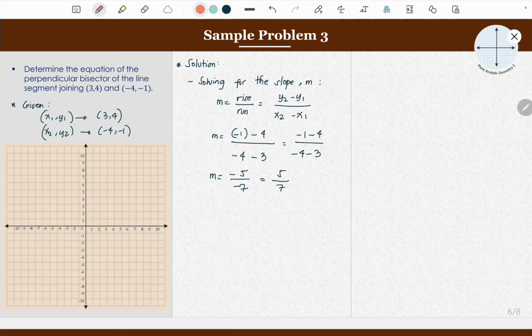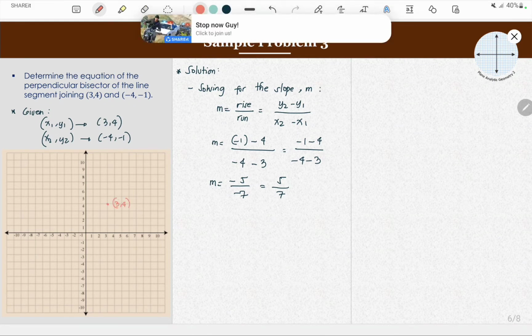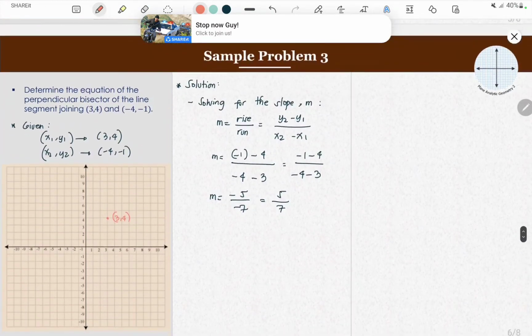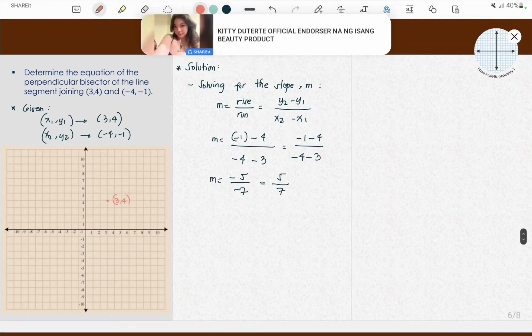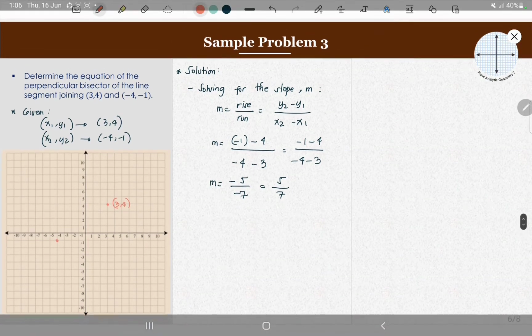So let's try to plot the given points so that I can illustrate to you what is perpendicular bisector. So plot point 3, 4. So this is 3, 4. Next, plot negative 4, negative 1. So this is negative 4, negative 1.